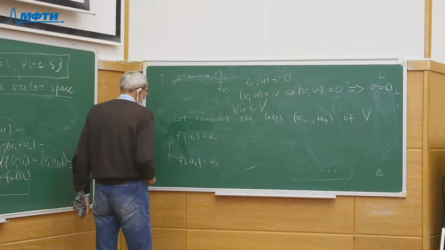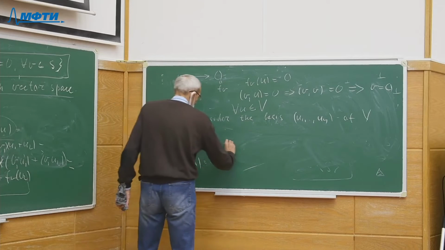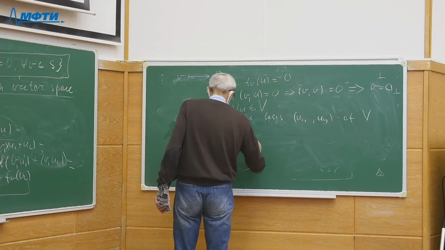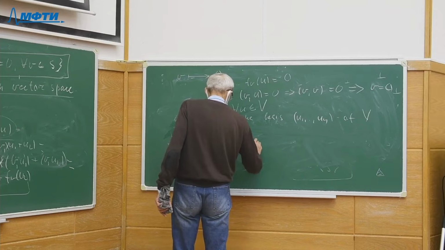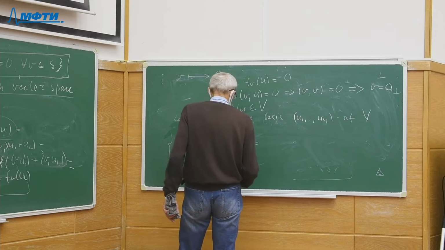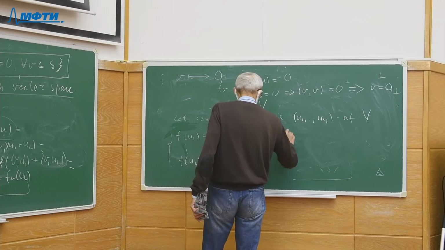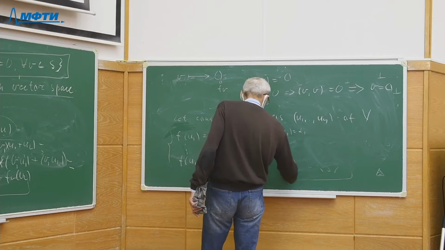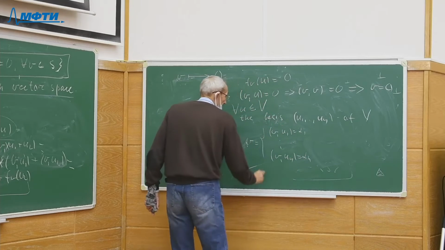Easy to see that using this equality, we can uniquely define a vector v such that (v, u1) is alpha 1, ..., (v, un) is alpha n.